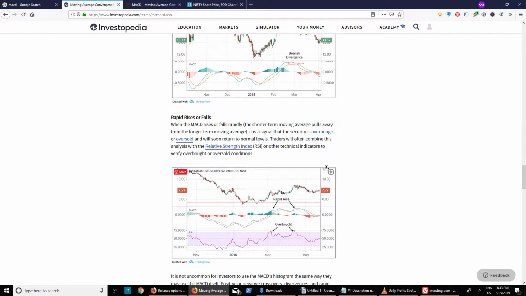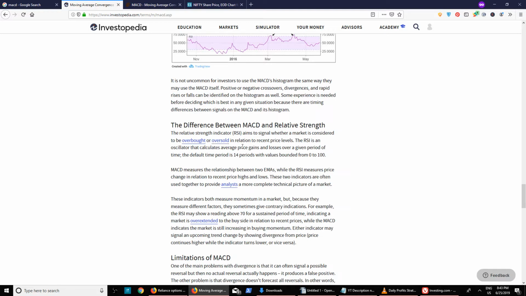So that's pretty much the basics of MACD, and there is a difference between the MACD and the relative strength index, RSI. The RSI indicator aims to signal whenever a market is overbought or oversold in relation to the recent price levels. RSI is an oscillator that calculates average price gains and losses over a given period of time.